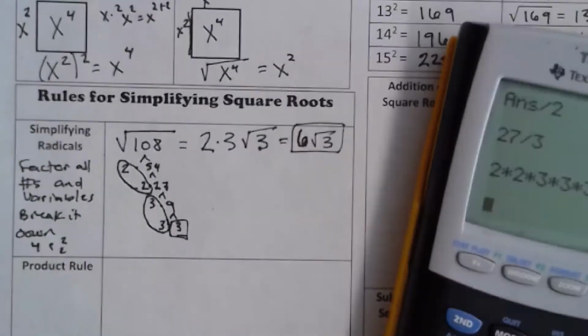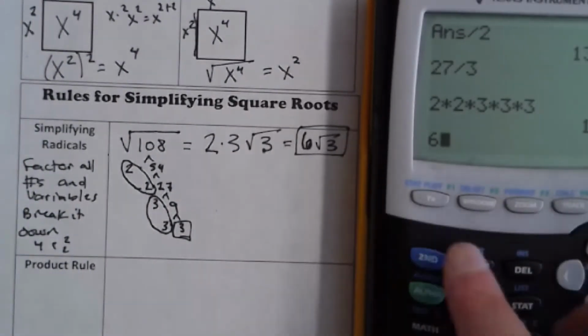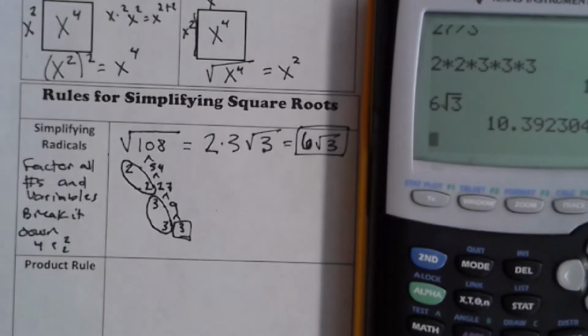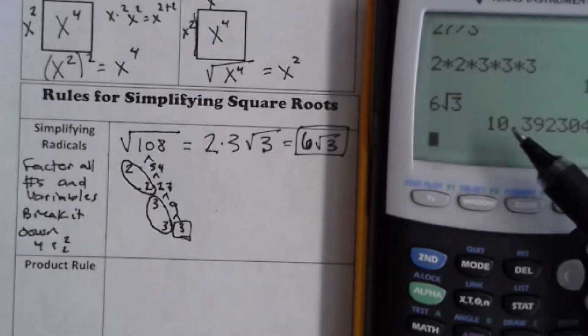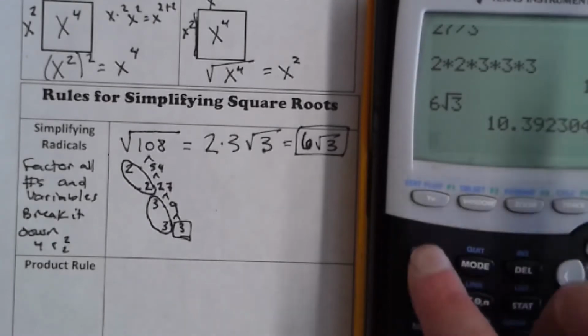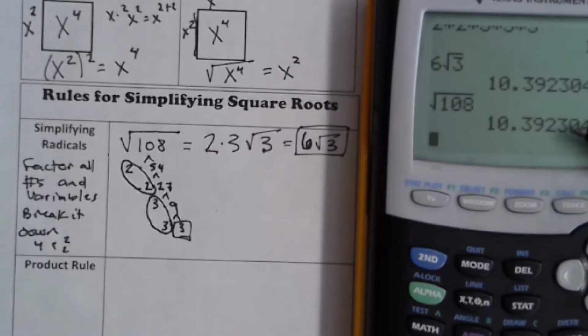So then if I put 6 square root 3 in your calculator, that gives me 10.39. So then if I took the square root of 108, that's also 10.39.